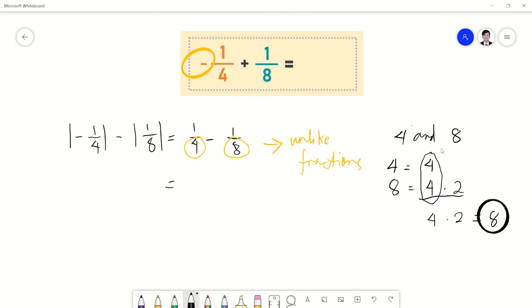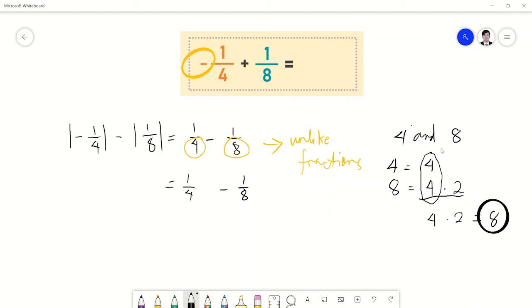So the goal here is to make sure that both of the two fractions will have a denominator of 8. Notice that the second fraction is already 8. That means that we don't have to do anything.